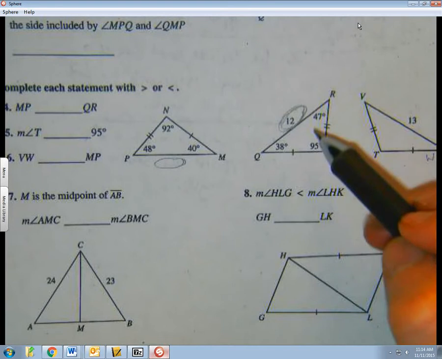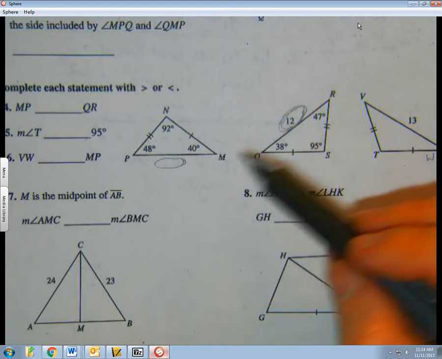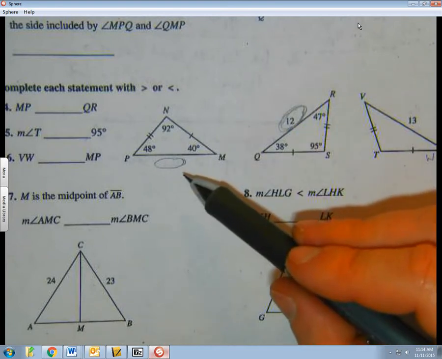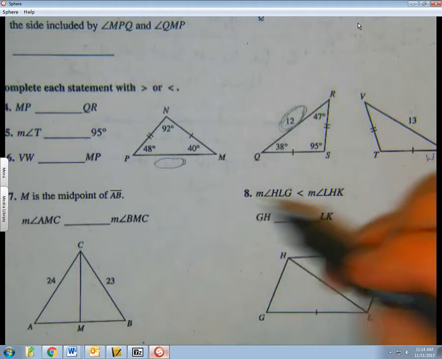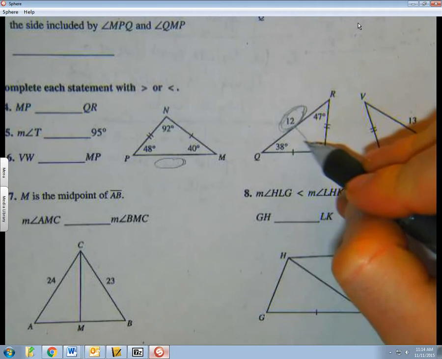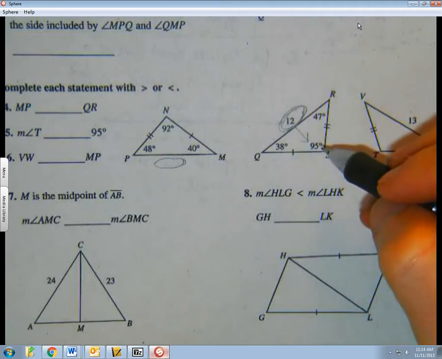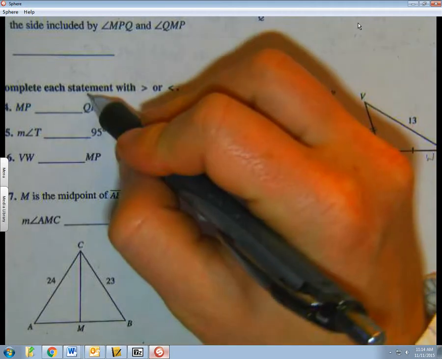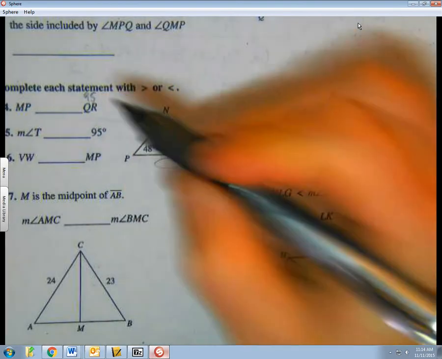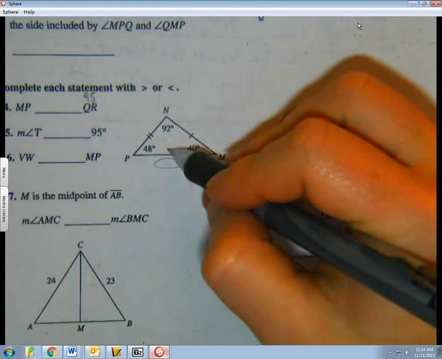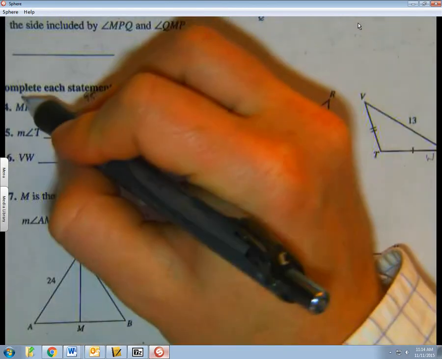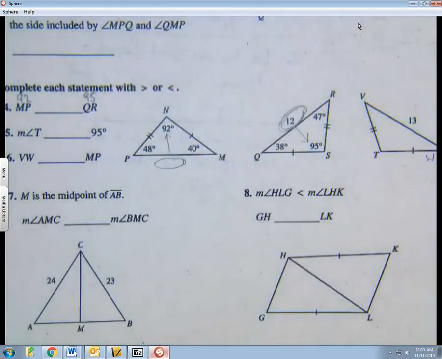Now, I know this is 12. I don't know what that is. That's okay. I just need to know which one's bigger. Now, this one is across from a 95-degree angle. Okay, so QR is paired with 95. MP is paired with 92. Which one is larger?